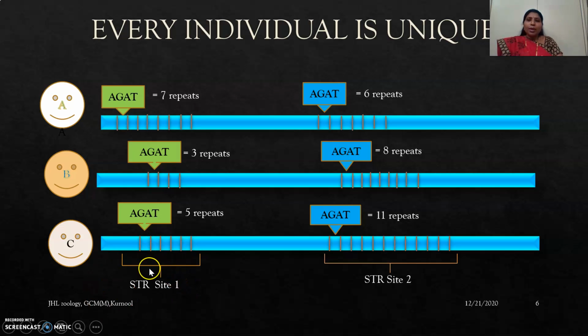For example, in site 1, there are 7 repeats of AGAT in individual A, whereas AGAT is in 3 repeats in individual B. In C, there are 5 repeats of AGAT in site 1. Whereas in site 2, the AGAT sequence is again repeated, with 6 repeats in A, 8 repeats in B, and 11 repeats in C. So these short tandem repeats are the ones used for DNA fingerprinting.